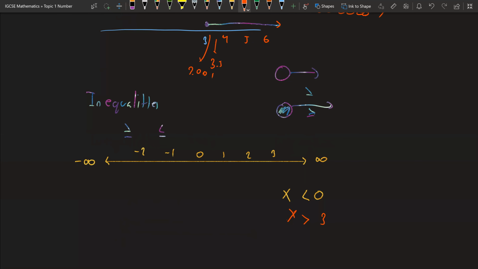So I could represent it using this notation. It's more than 3, so this condition is satisfied. But x also has to be lower than 0, so this notation, and it has to be less than that. So it's starting from here, but not including 0. Anything less than that would satisfy the condition.